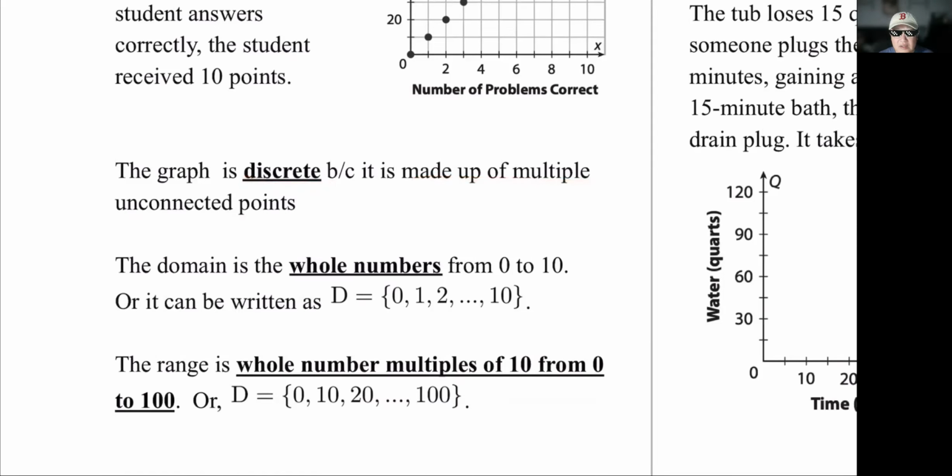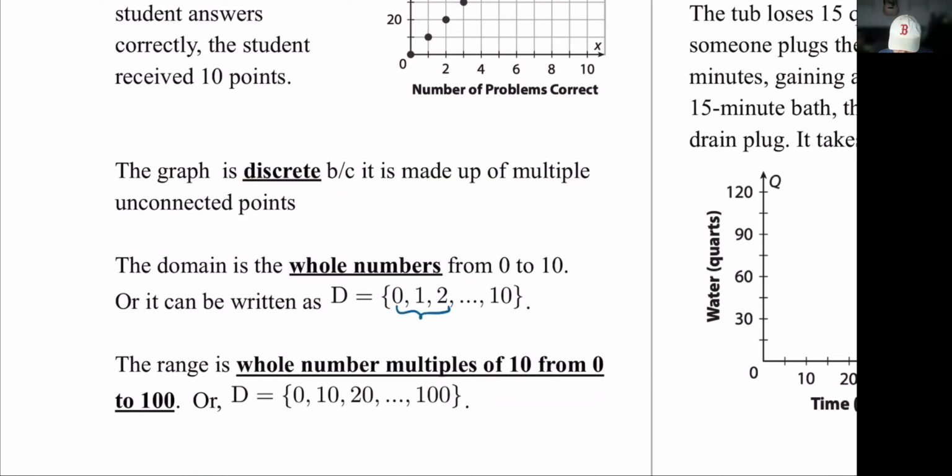The domain, the x value, is the whole numbers from 0 to 10. Or it could be written as, by the way, starting with 0, 1, 2, and so on up to 10. When you write a lot of numbers, you should write about 3 to 4 numbers to establish a pattern.